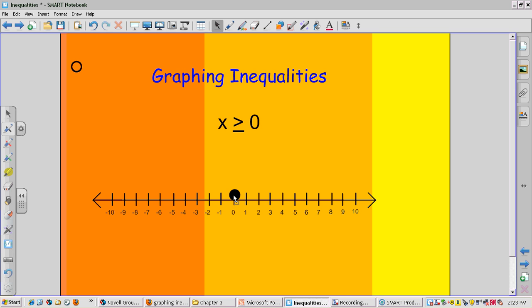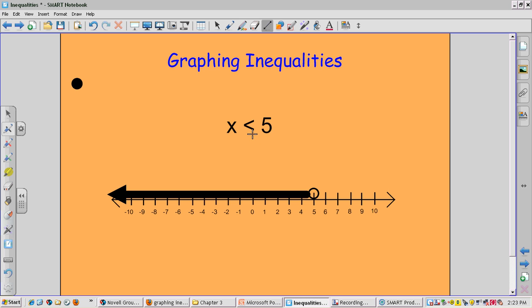That means we're including 0, and our arrow goes in the greater than direction. Because we're including 0 this time, we use a shaded circle, whereas in the previous question we did not include this value, and we used an open circle.